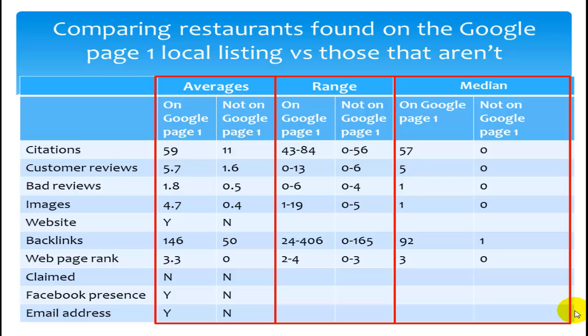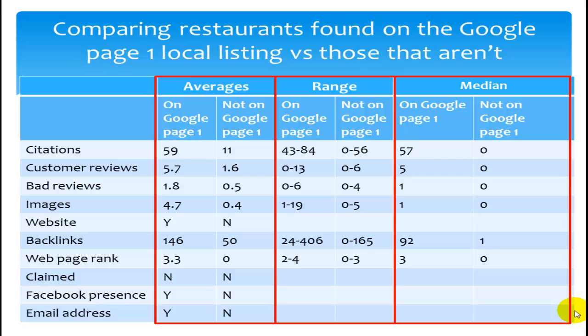And what this table is showing us is for those 7 restaurants, they had on average 59 citations for their business compared to the 11 that the restaurants that aren't on page 1 have. So clearly the citations matter a lot in terms of getting a local map presence.